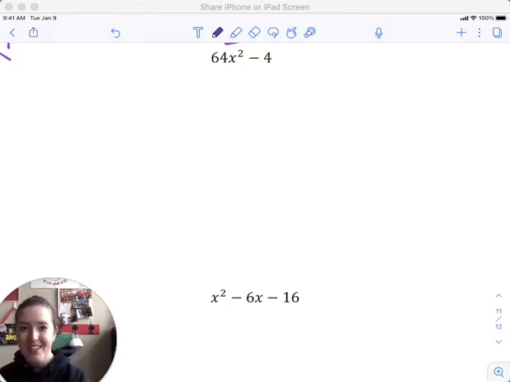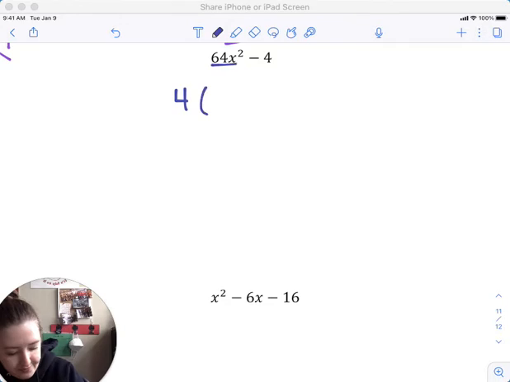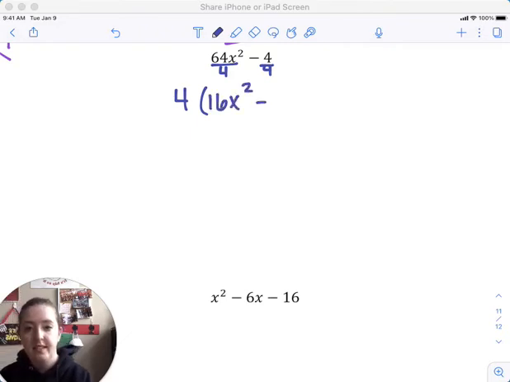So our greatest common factor of 64 and 4 is actually going to be 4. 64 divided by 4 is 16. That x squared comes along for the ride, minus. 4 divided by 4 is 1.